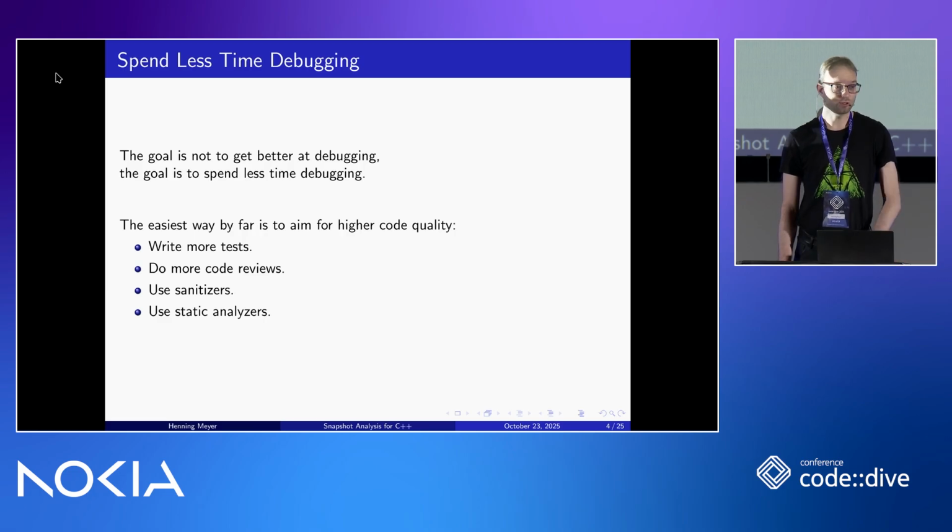So I'll be talking about smarter debuggers, but really what you should do is write more tests, do more code reviews, use sanitizers, use static analyzers. Debugging should be your last resort, and effort spent on preventing bugs really pays off compared to having to debug.